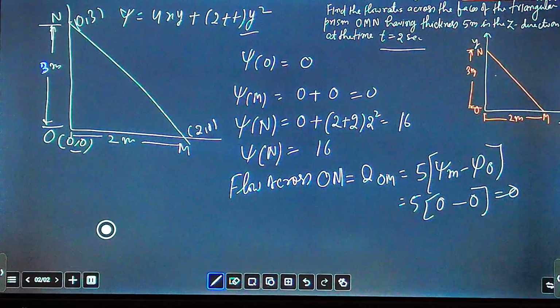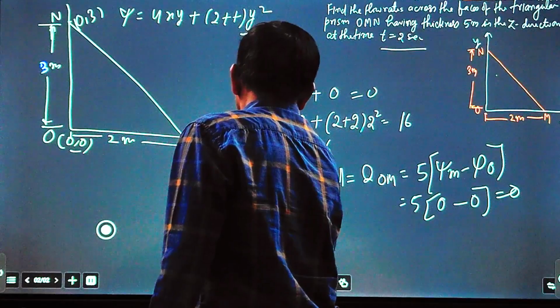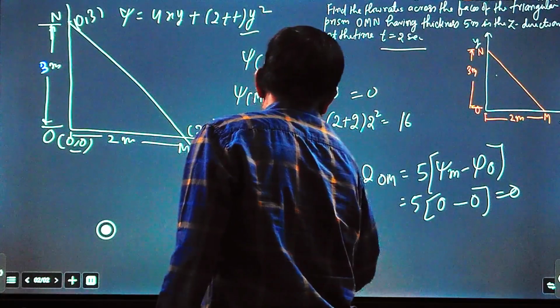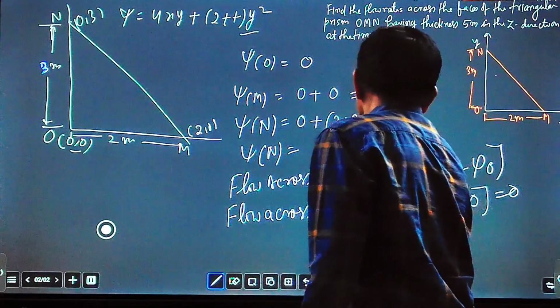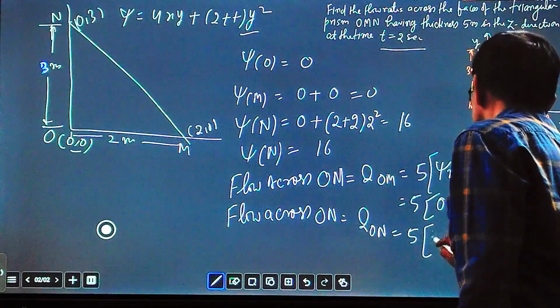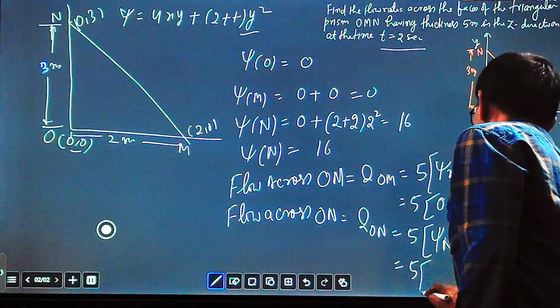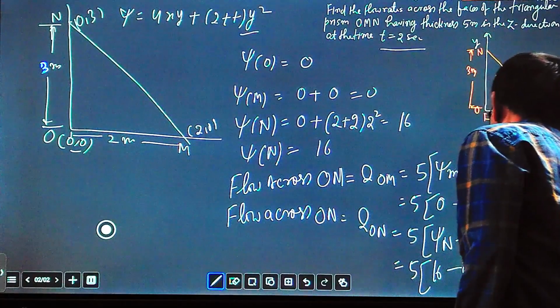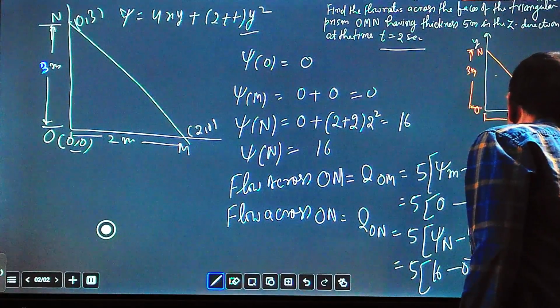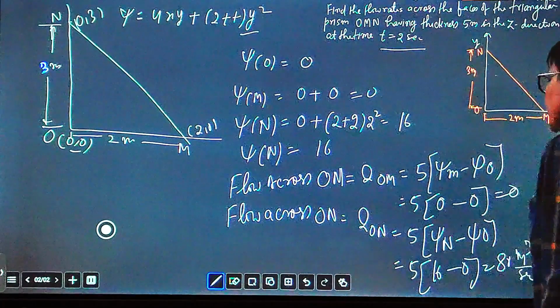Now finding flow across ON. Flow across ON is equal to 5 multiplied by (psi N minus psi O). That is equal to 5 into (16 minus 0) equal to 80 meter cube per second.